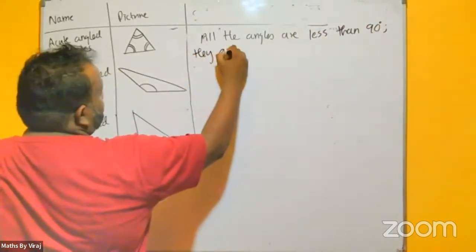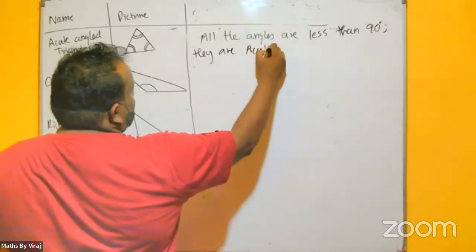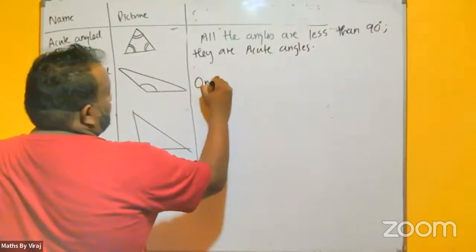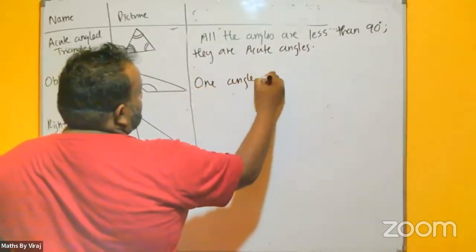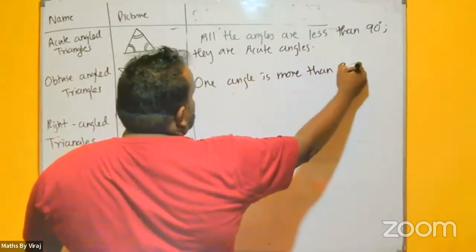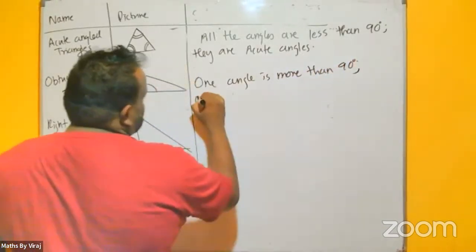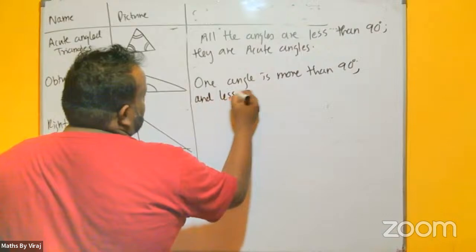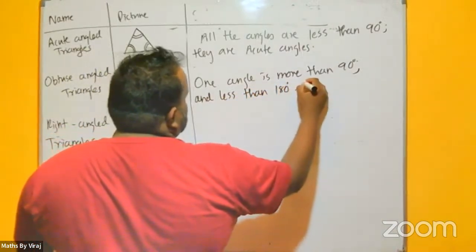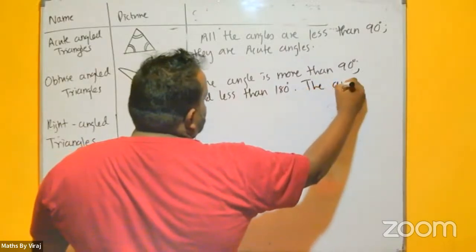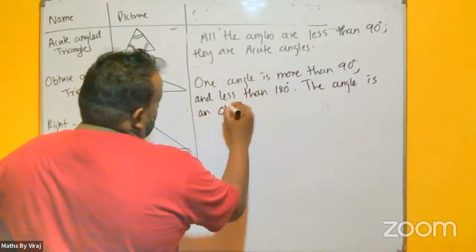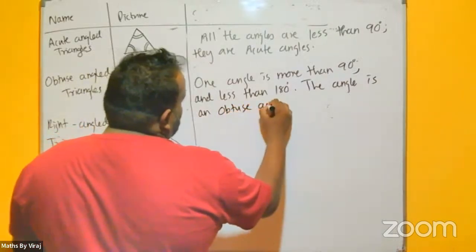They are acute angles. One angle is more than 90 degrees and less than 180 degrees. The angle is an obtuse angle.